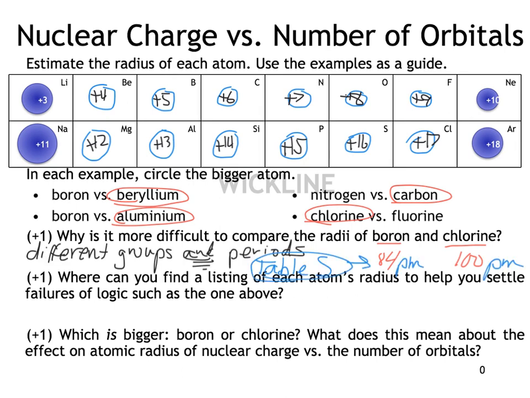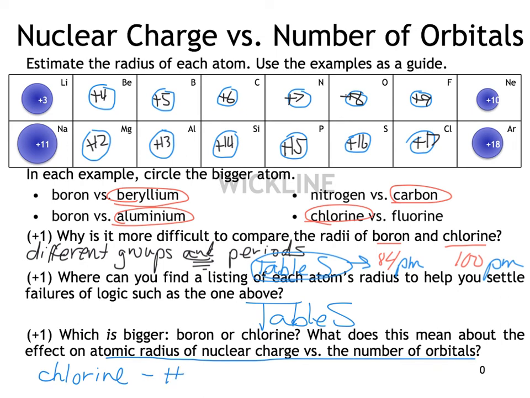And then the next question says, where can you find a listing of each atom's radius to help you settle failures of logic, such as the one above? Use table S. And the next one says, which is bigger, boron or chlorine? So as it turns out, it's chlorine. And what does this mean about the effect on atomic radius of nuclear charge versus the number of orbitals? It means that number of orbitals matters more.